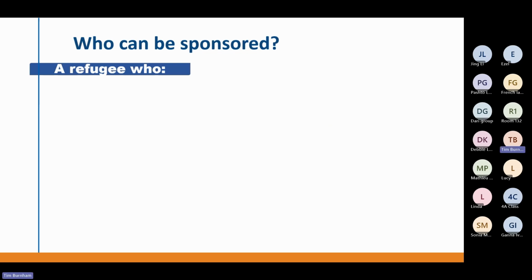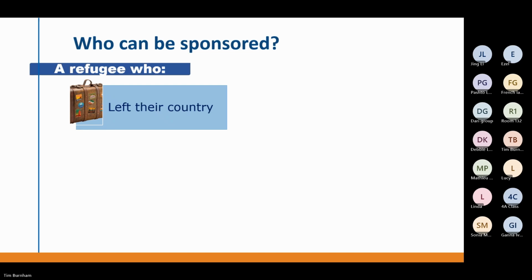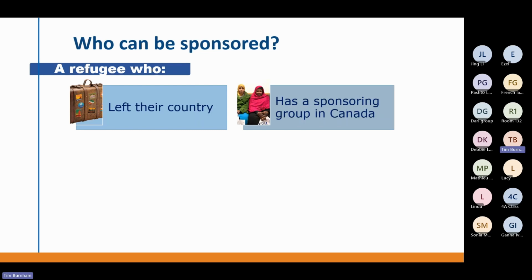If you want to sponsor someone who is a refugee, these are the rules that they will have to meet in order to be sponsored to Canada. The first rule is that they have left their home country. The second is that they have a sponsoring group in Canada who wants to sponsor them.